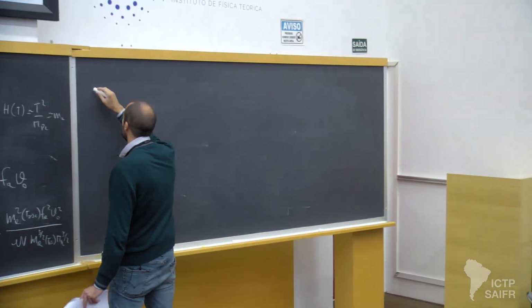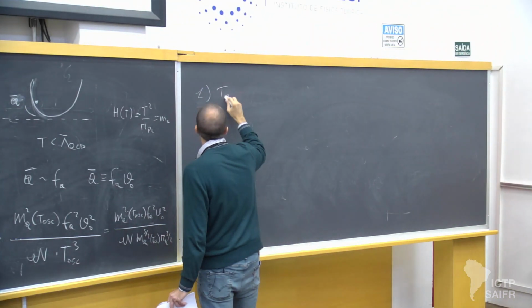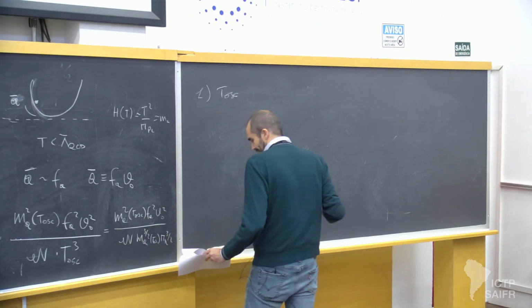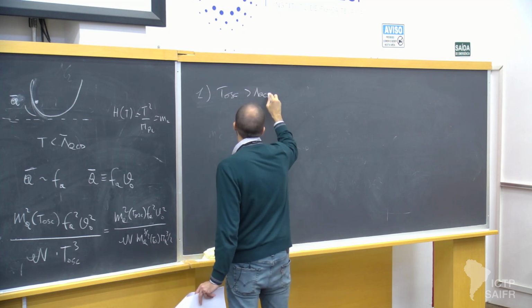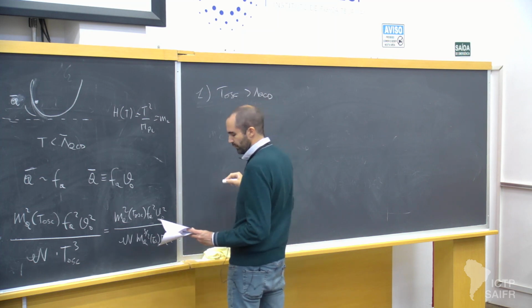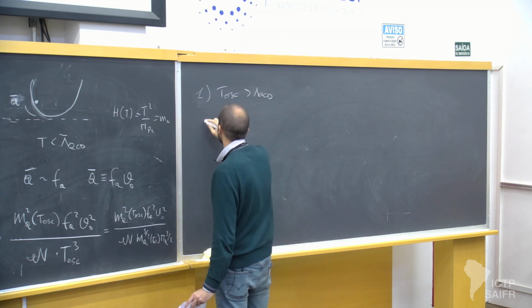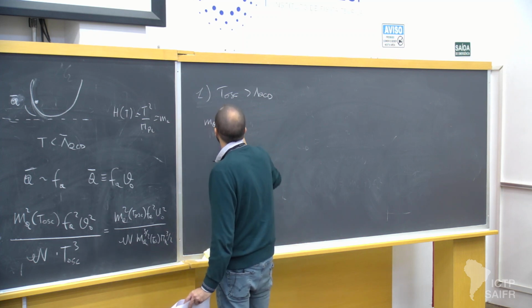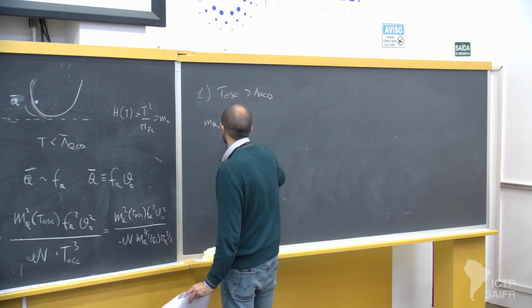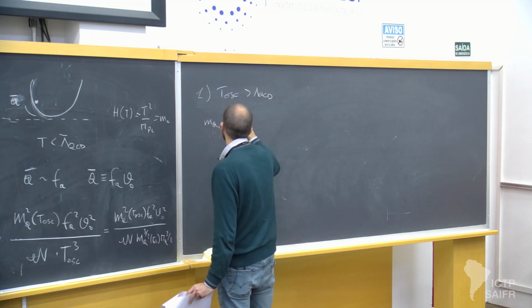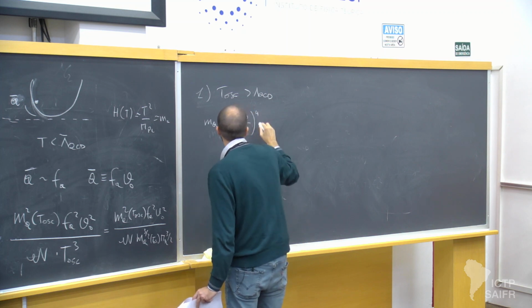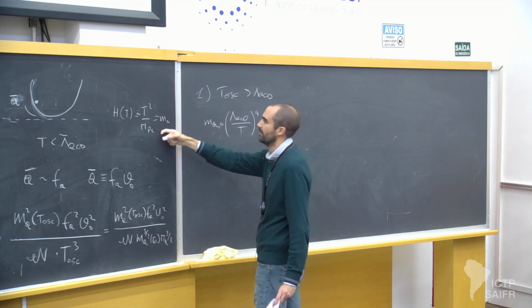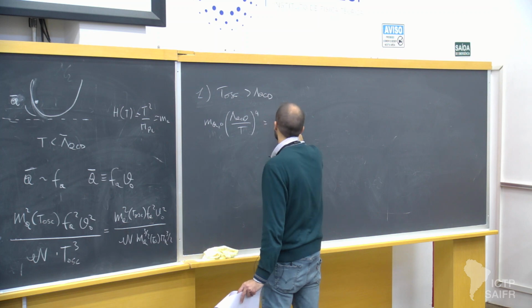So this oscillation temperature can be bigger than lambda QCD. So we have to use the temperature-dependent mass which is going to be the 0 temperature one times our scaling that we wrote down before, to solve for this equation, so to get it equal to Hubble.